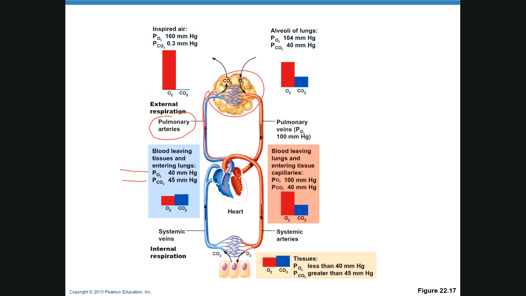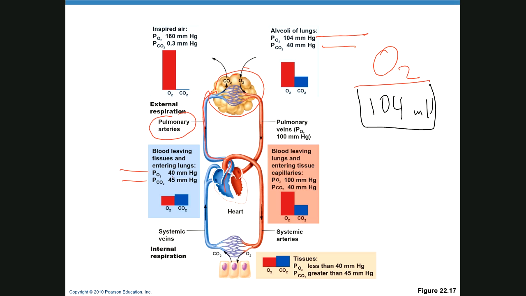As this blood arrives at the alveoli, it is going to encounter 104 millimeters of mercury of oxygen, 40 millimeters of mercury of CO2. Now, the gas exchange is going to be due to diffusion, and diffusion proceeds with a concentration gradient. So for oxygen, we're moving from the alveoli, which has 104 millimeters of mercury.